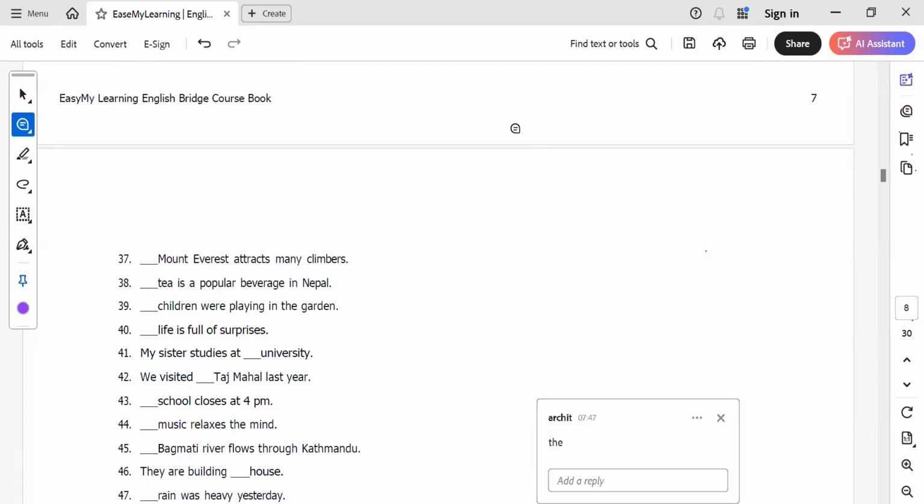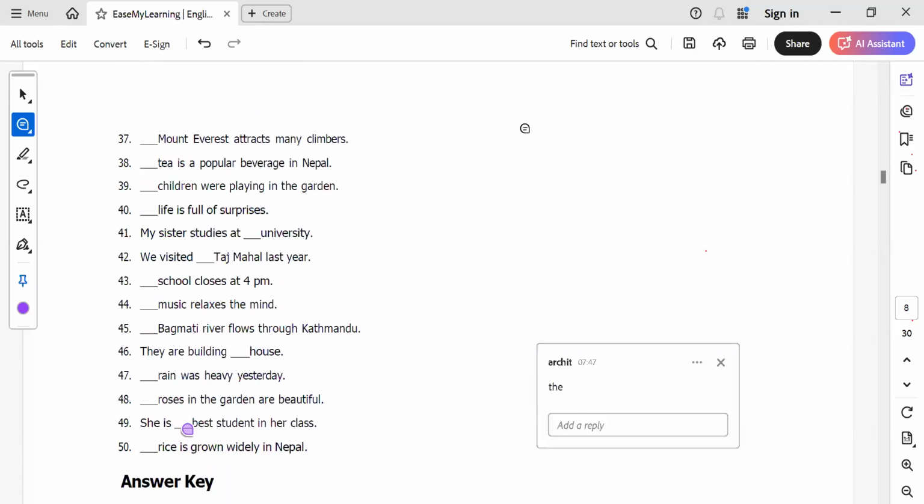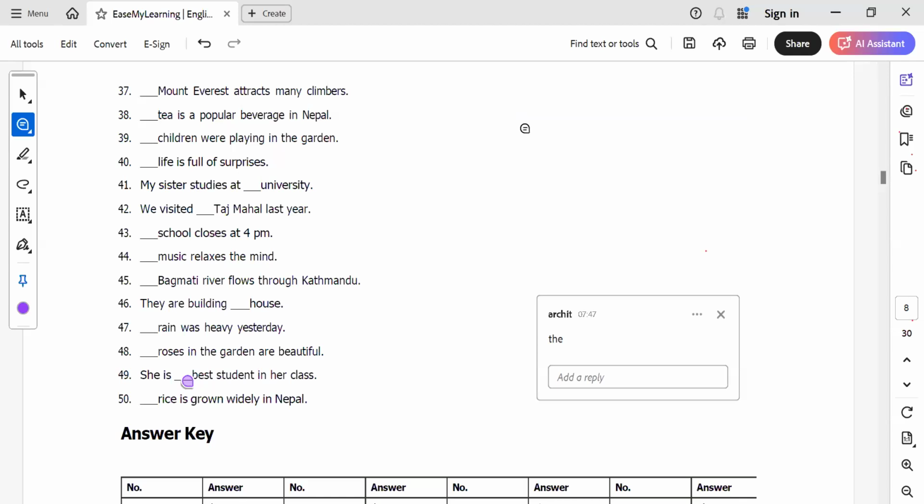So the next question is question 50. Dash rice is grown widely in Nepal. So what is the answer?